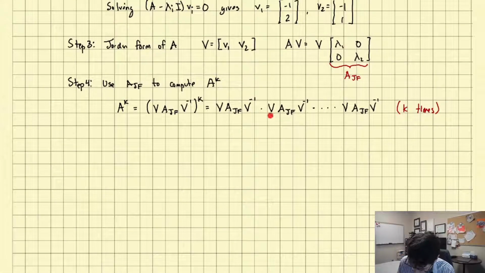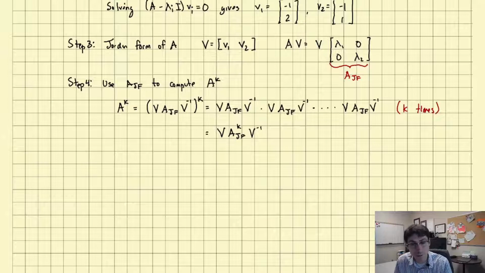Everywhere there's a V inverse paired up with it. So these guys turn into the identity matrix. That's going to happen all the way down the line. So basically all the V's and V inverse sandwiched in between go away. And so what we're left with is just all the AJFs in between get multiplied together, k times.